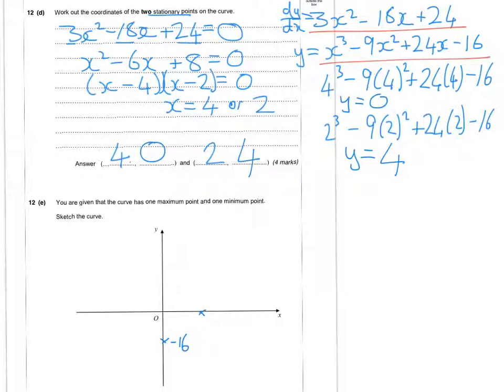We know 2, 4 is also a turning point. And from the previous page we also know that 1, 0 is where it crosses. So it looks something like that. That's supposed to hit that there.